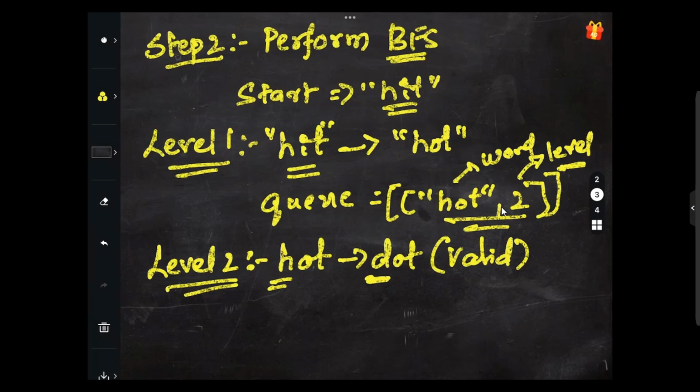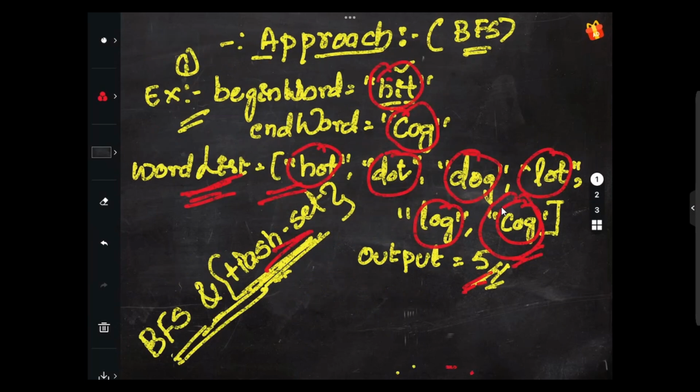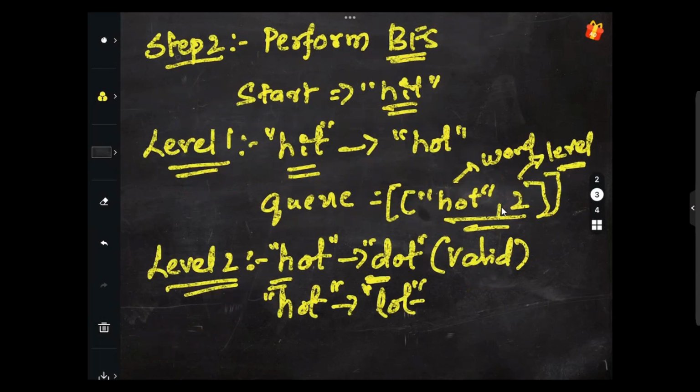Or we can change hot to lot here. You can clearly see in the example that dot is also present, lot is also present. Either we can go with dot or lot, right? This is also valid, this is also valid, right?